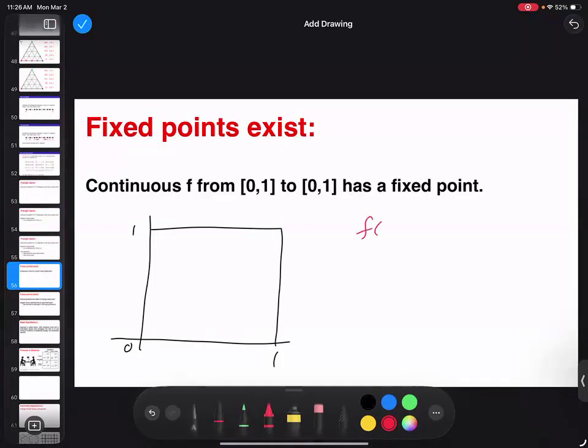If f of 0 equals 0, do I have a fixed point? Yes. So we'll assume f of 0 is not 0. If f of 1 equals 1, do I have a fixed point? Yeah, so we'll assume f of 1 is not 1. So maybe f of 0 is going to be a little bit larger than 0, and f of 1 has to be a little bit smaller than 1.